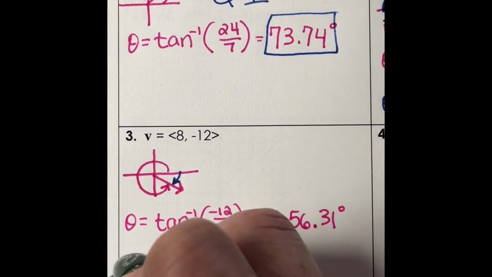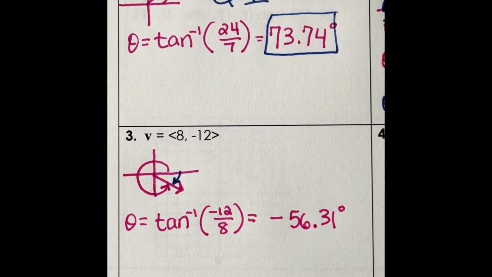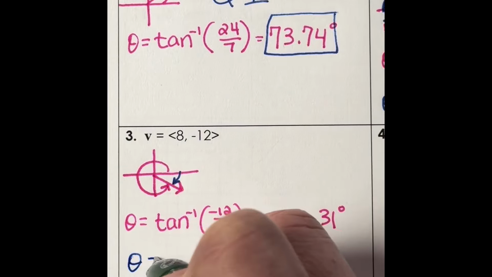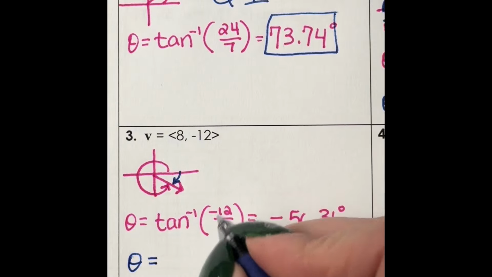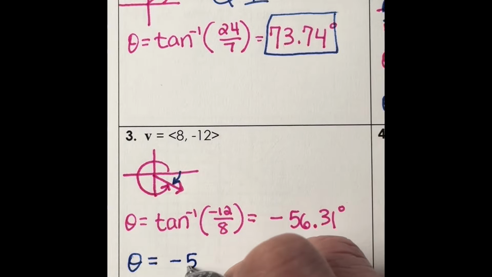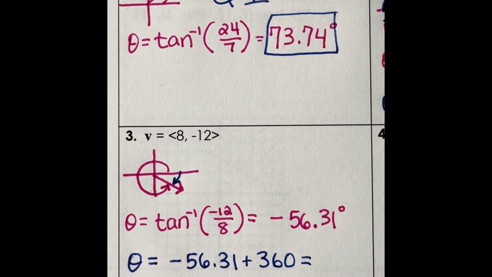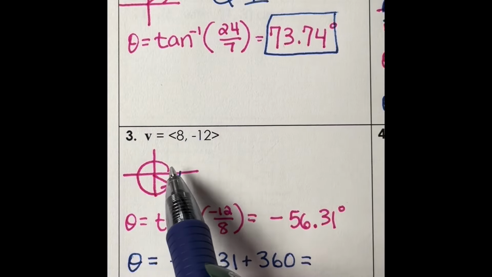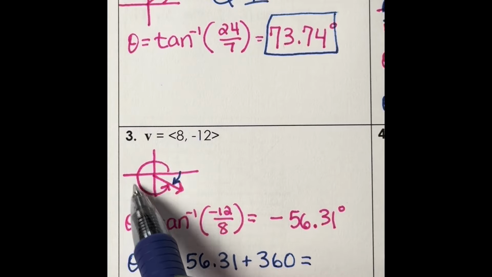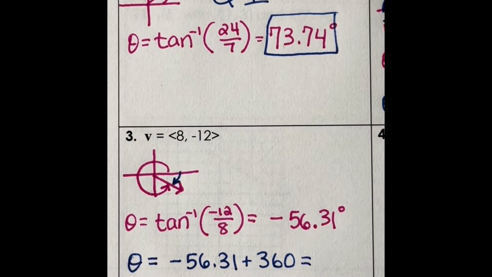So what I'm going to do is take the angle that I found and add 360 degrees to it. Now, why am I adding 360 degrees? Basically, you end up subtracting the angle that you found from 360.